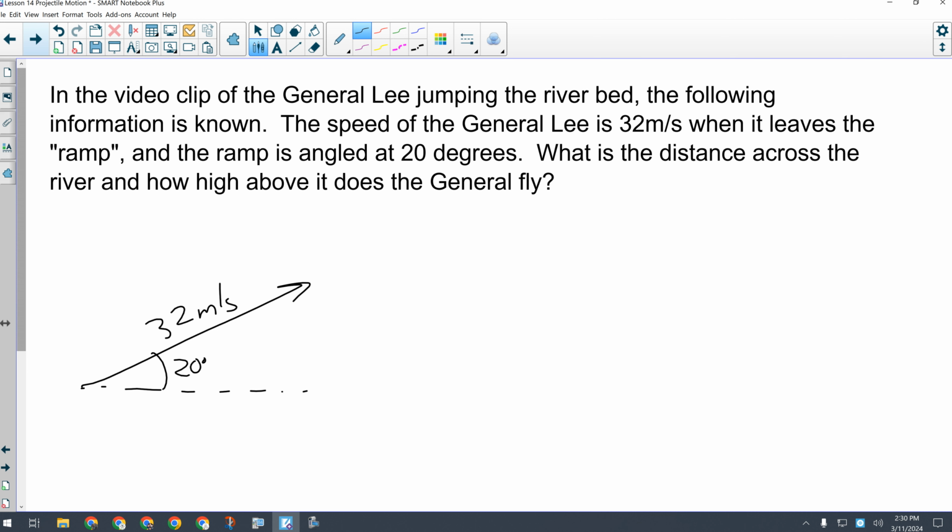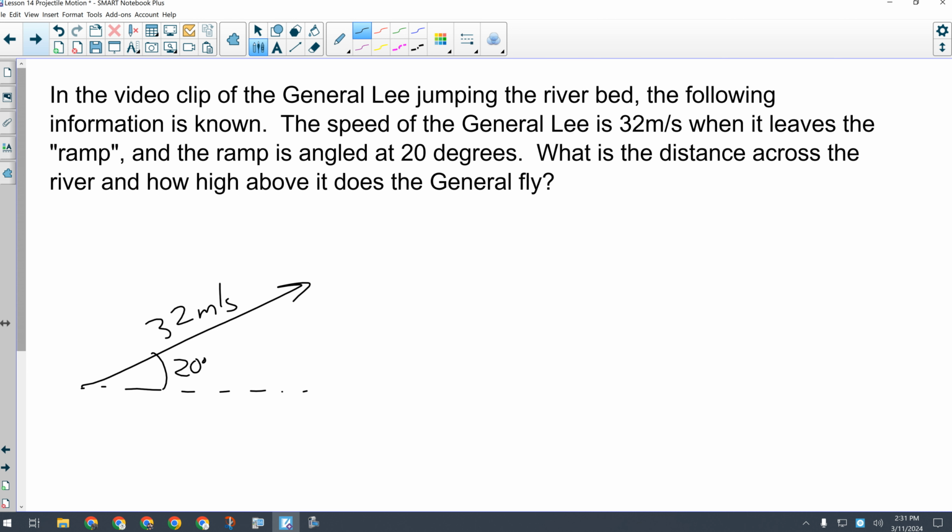So that's what we know: 32 meters per second, 20 degrees above the horizontal as the General Lee goes off of this ramp. We want to calculate the distance this thing jumps across the river and the maximum height it will reach in its flight.